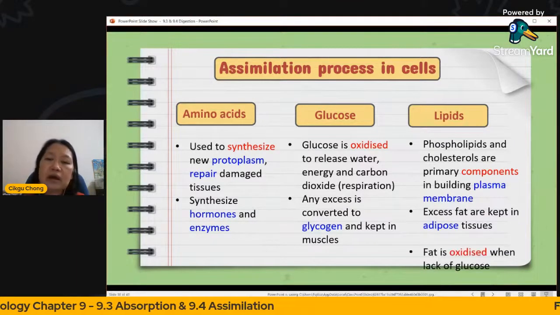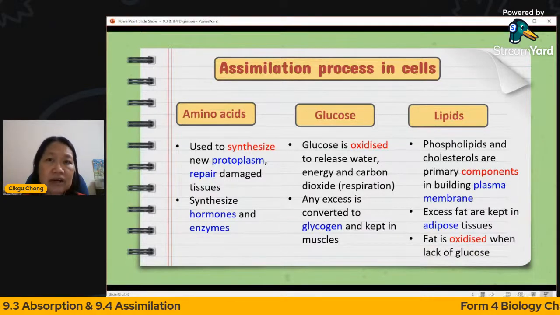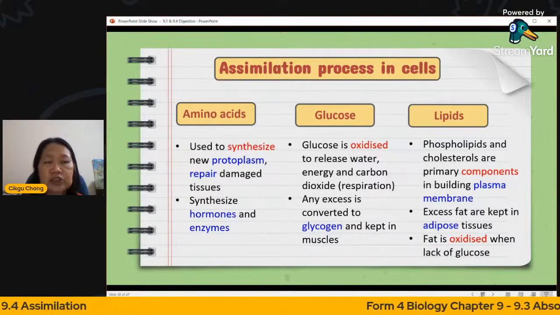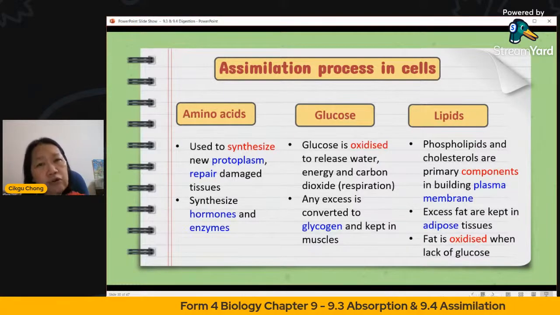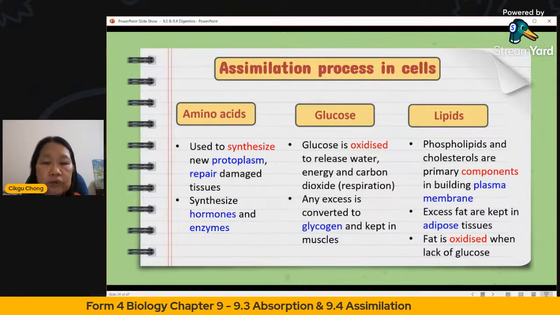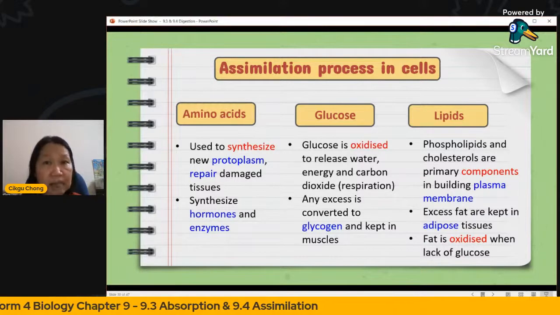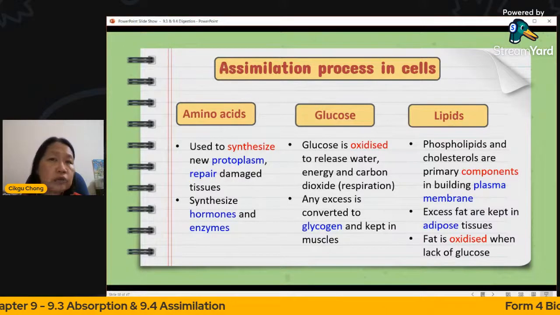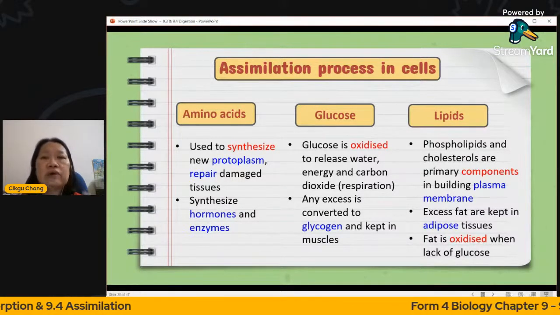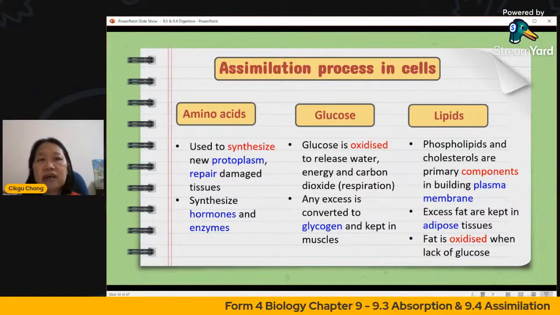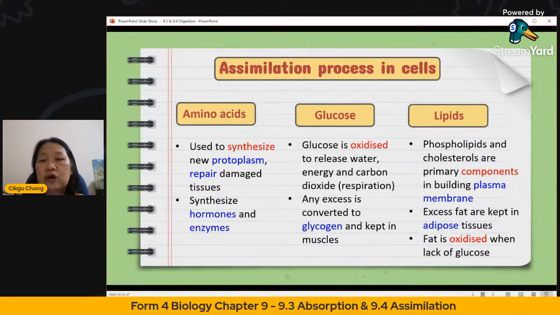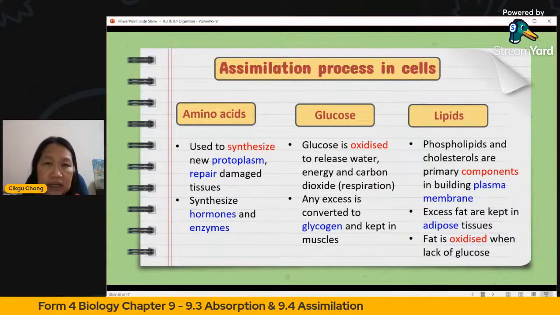And then when you are starving, like I mentioned, you finish your supply of carbohydrates. So the next thing your body will do is to go for your fat. Your fat will be oxidized when you don't have enough food. That's what people want when they diet. When they're dieting, they are forcing their body to oxidize the fat, not the protein.